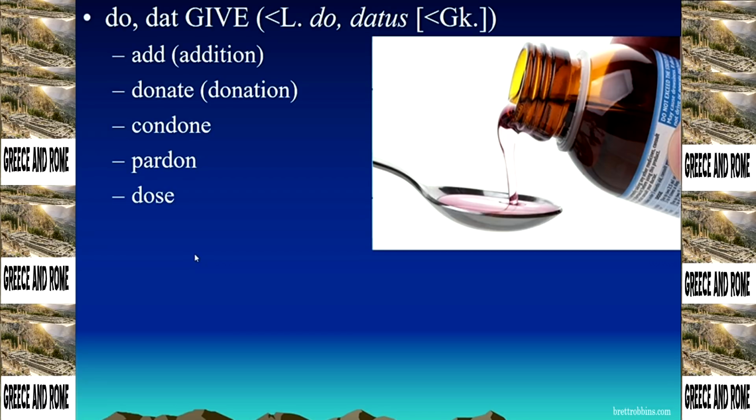Okay, so realize that it was completely unintentional is the bottom line. Okay, that's the pardon. Kind of interesting. This root, do, is one of the more interesting ones in the sense of its flexibility. The variety, and we're really barely touching the surface here.